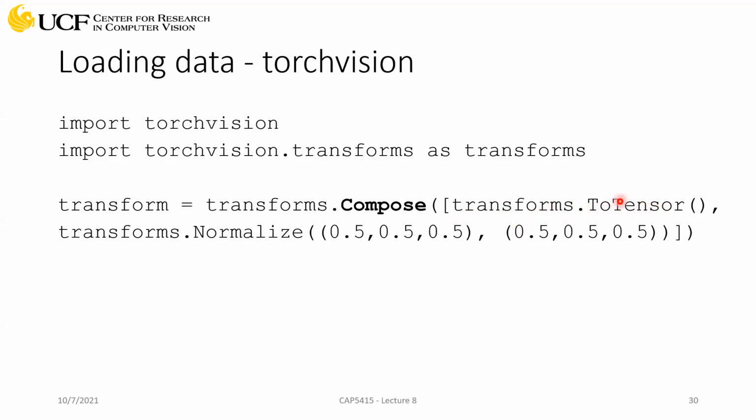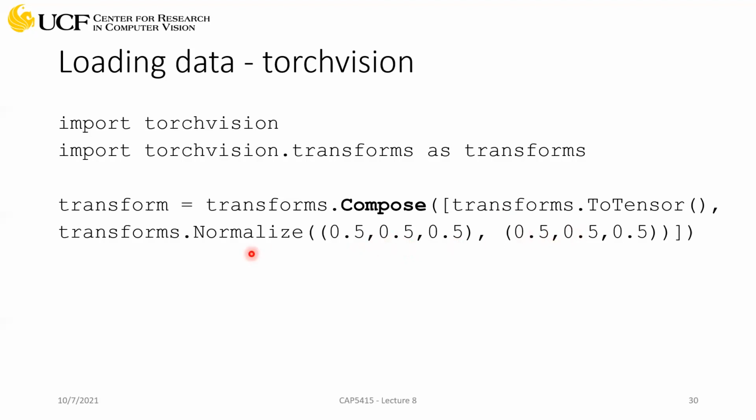Okay, so the first one is transforms.ToTensor. This means that whatever data you have in your NumPy arrays which you load from disk will automatically be transformed to a torch tensor. That's why we have this ToTensor, right? This operation will be applied on all the images, all the videos. Then the second operation is the normalization operation. I think this is the mean and this is the standard deviation.